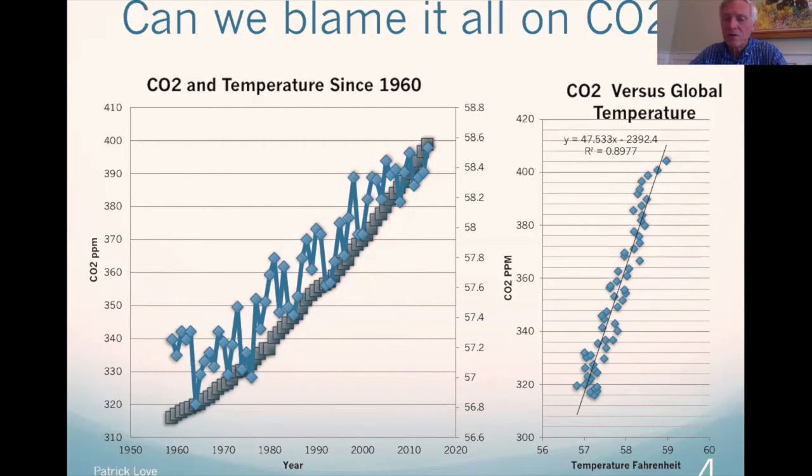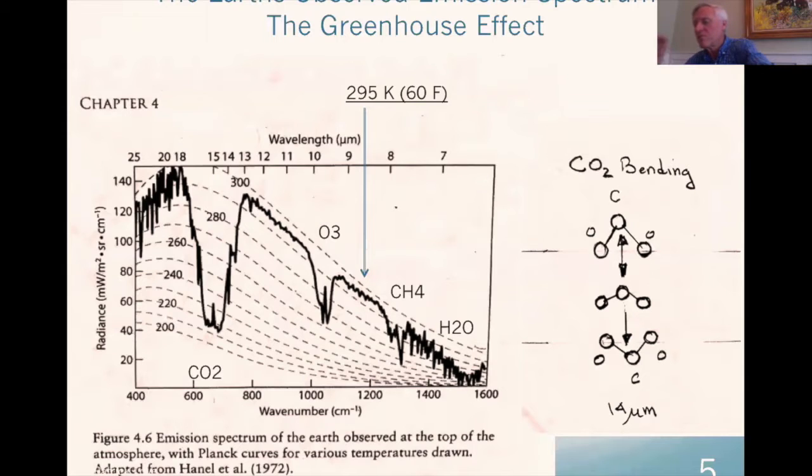Now, if we go one step further, we remember, because we went over this in lecture 1, and we've referred to it a couple of times since, we can go one step further about CO2 and some of the other greenhouse gases.